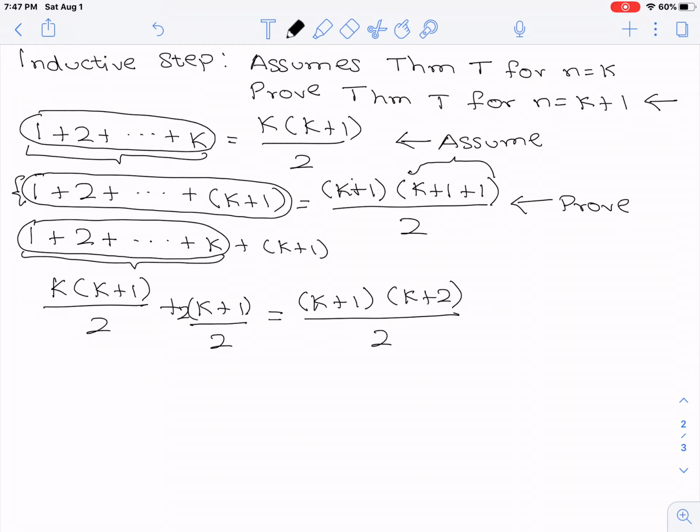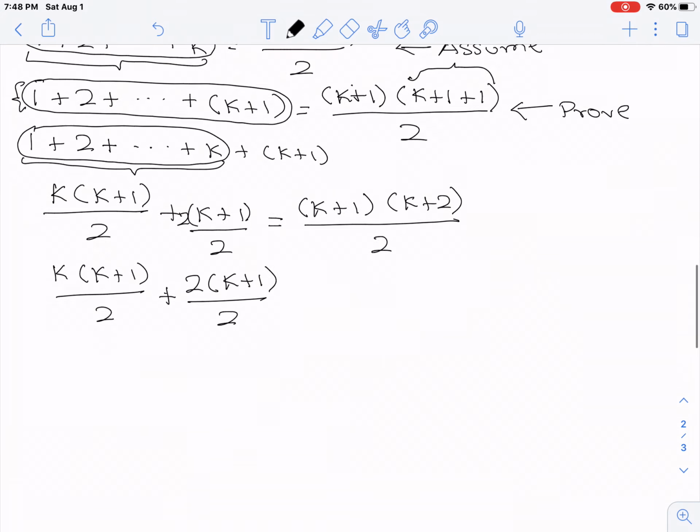Now we do this, k times k plus 1 over 2 plus 2 times k plus 1 over 2. Now we have a common factor here, a k plus 1 factor. We have k times k plus 1 and 2 times k plus 1.